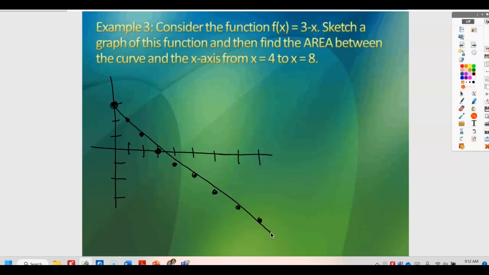It says find the area between the curve and the x-axis for x equals 4 to 8.